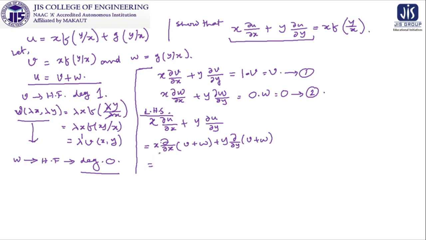The next line, what we can write, that x del v del x plus y del v del y plus x del w del x plus y del w del y.